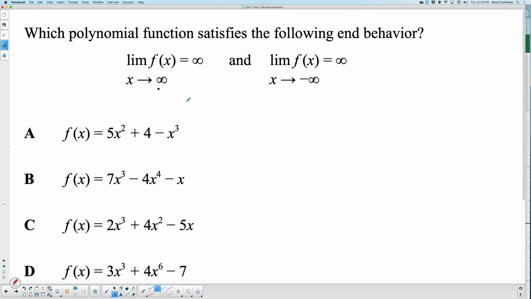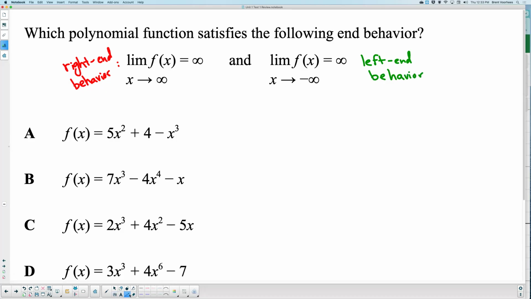So this limit would be called the right end behavior because that's what's happening on the right side of the graph. This one over here, when x is going to negative infinity, what direction is that? Left. This is called the left end behavior.